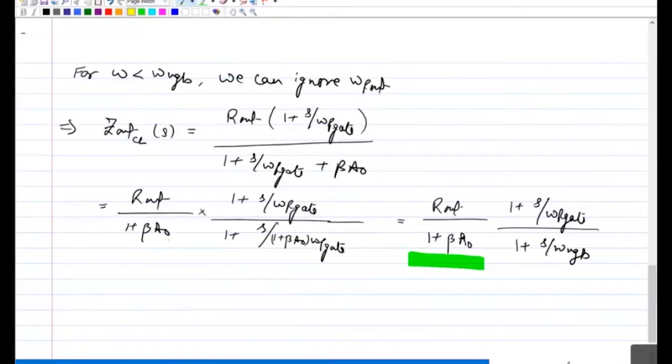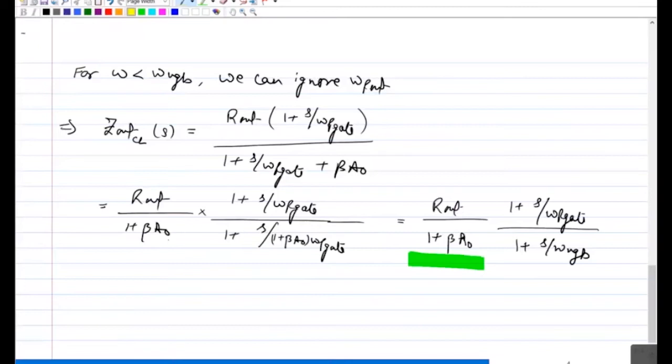You had a flat response of R out over 1 plus beta I naught, and after that it was dropping at higher frequency because it was only a single pole system and the pole was appearing at the output of your LDO. Now in the second order system, your dominant pole is at the gate of your PMOS, not at the output, and that's what's causing a zero here.